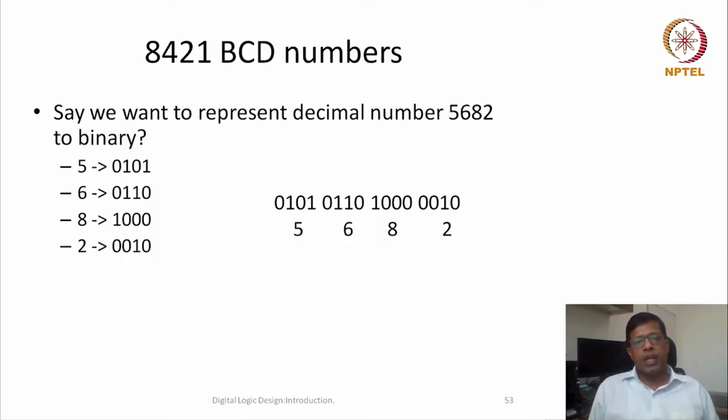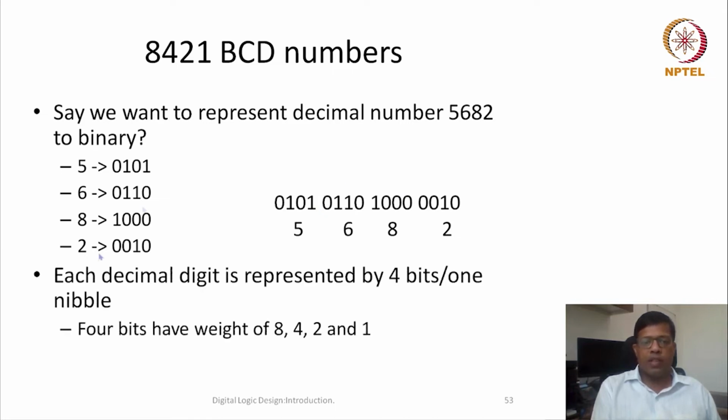So let us say this particular representation we call 8421, because each binary digit will have a weight. For example, the first bit will have a weight of 1, the second bit has a weight of 2, the third bit has a weight of 4, and the fourth bit has a weight of 8.